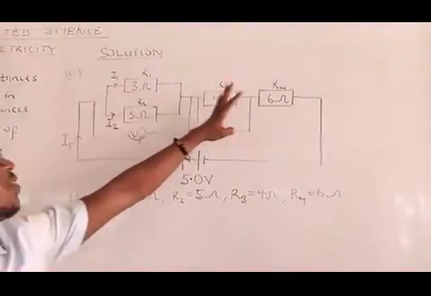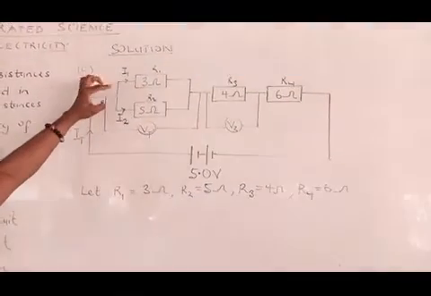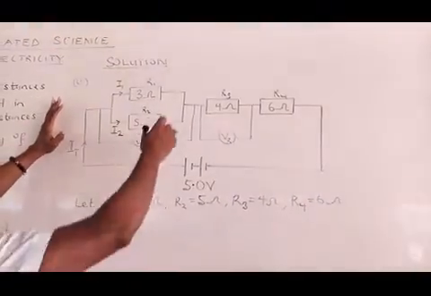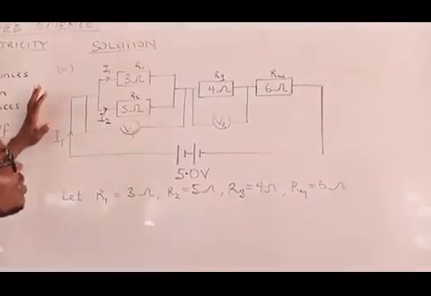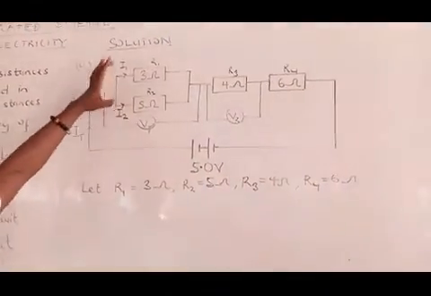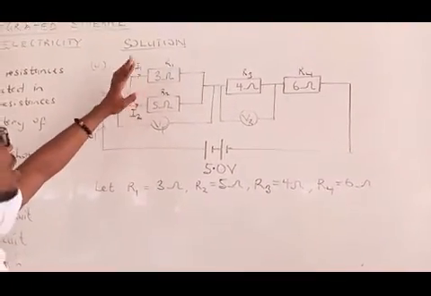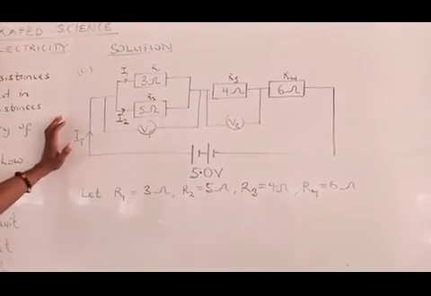I told you if you have a diagram of this sort, you first of all have to find the total resistance for the power resistors. And then whatever you get, you add it to the other resistors that are connected in series. So that's the first thing you're going to do. You're going to look for the total resistance of the power resistors, that is R1 and then R2.